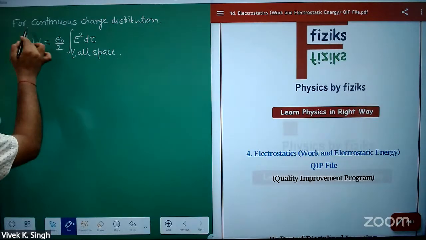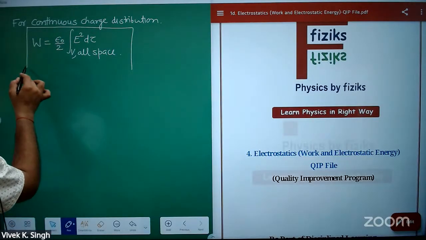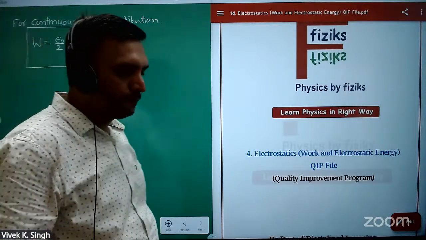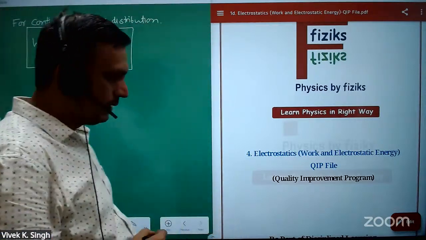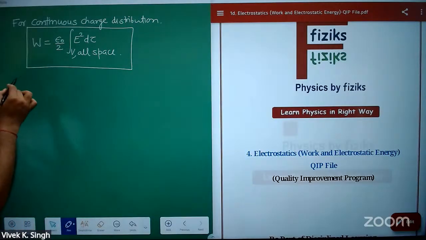So this is the electrostatic energy for continuous charges.